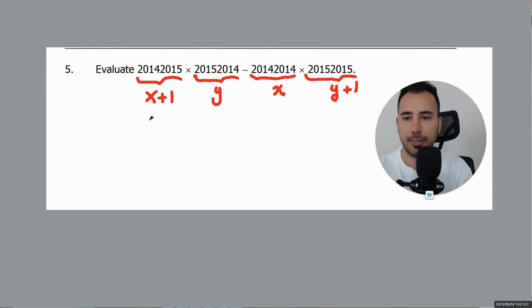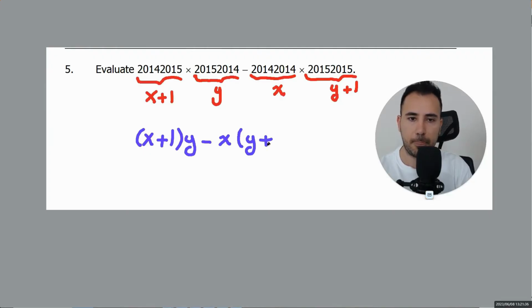So let's multiply these. Let's write it like this. It wouldn't be confusing to anyone. So this is what we're going to do. We want to simplify this. Now, y will be multiplied by both of them. It will be xy plus y. Okay, minus. Remember, this minus, it was for both of these.